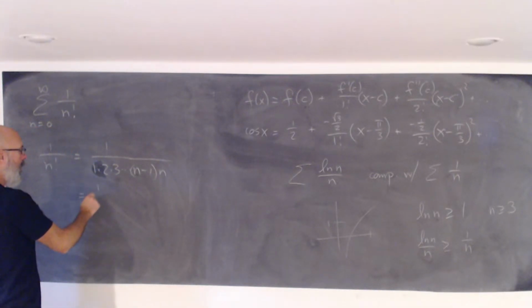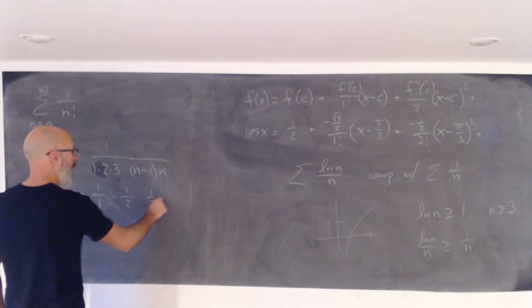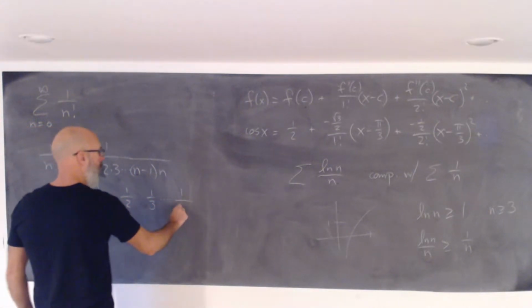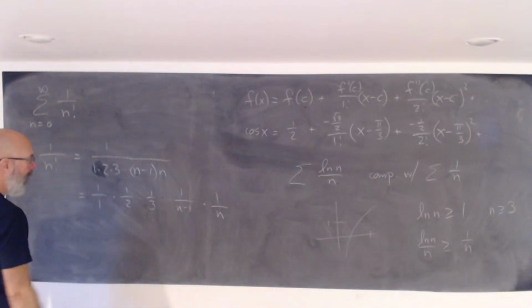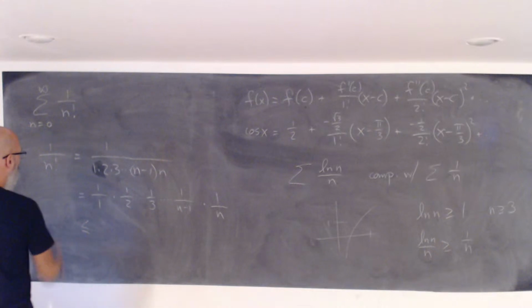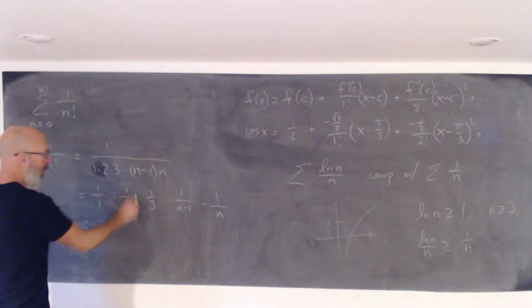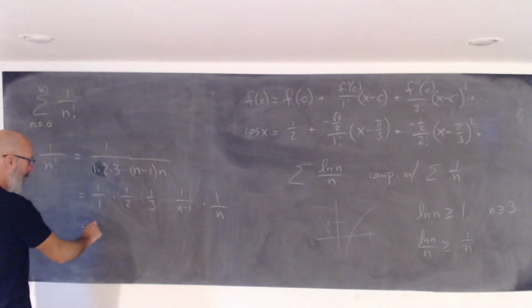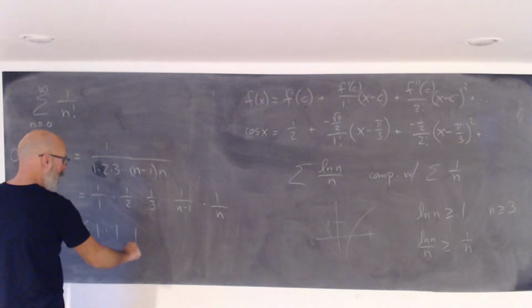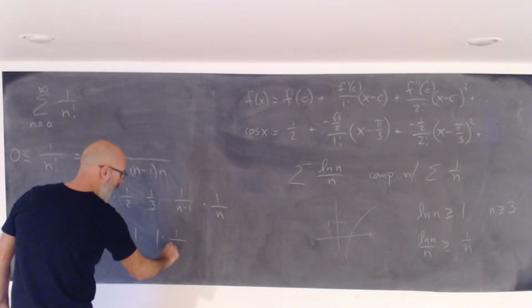So this is really 1 over 1 times 1 over 2 times 1 over 3, all the way to 1 over n minus 1 and 1 over n. First of all, this is bigger than or equal to 0. And all of these fractions here are less than or equal to 1. So let me replace all of these by 1, except the last two.